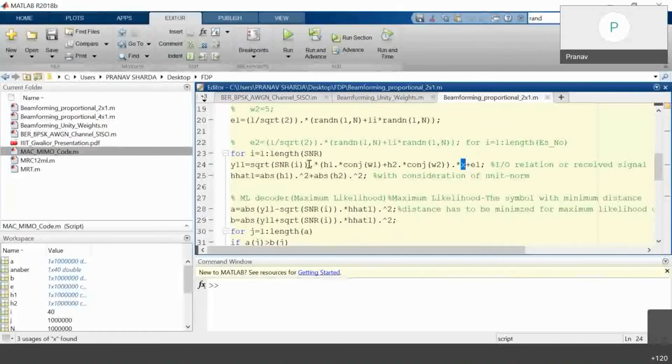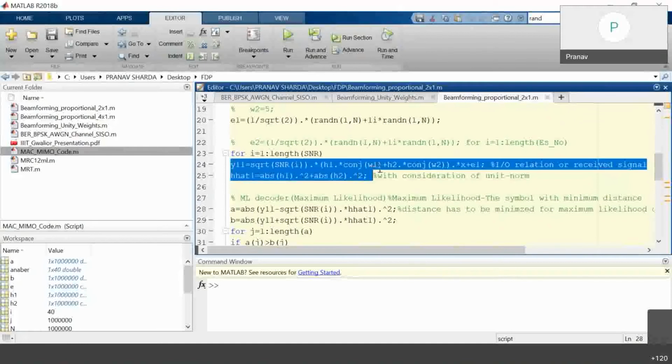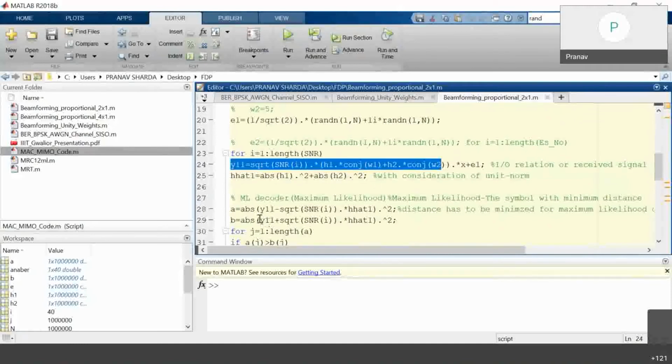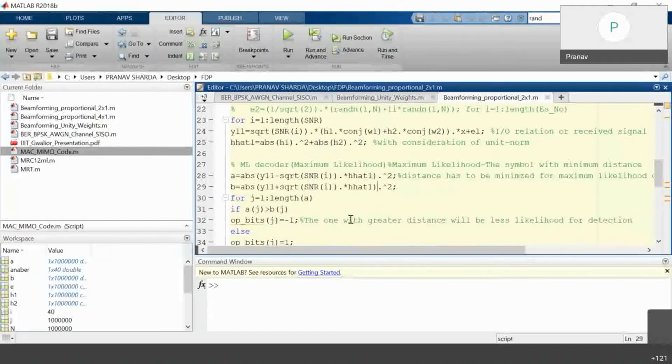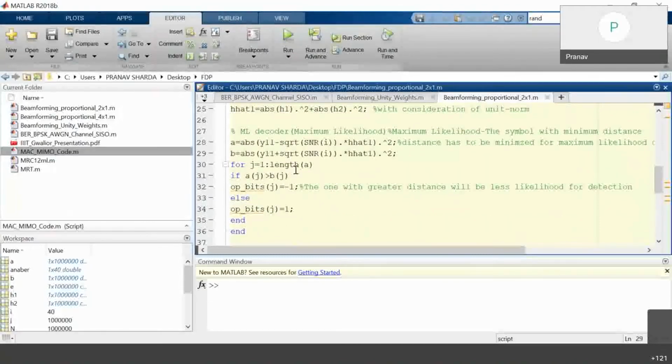If it is 1, you will get Y11 minus square root of this part, which is written over here, right? If X takes a value of -1, then taking it on the other side, it becomes Y11 plus square root of this part, which is written here. Okay. So this ML detector is based on the maximum likelihood distance. Okay. So whichever distance is minimum, that symbol will be more probable for the detection, right?